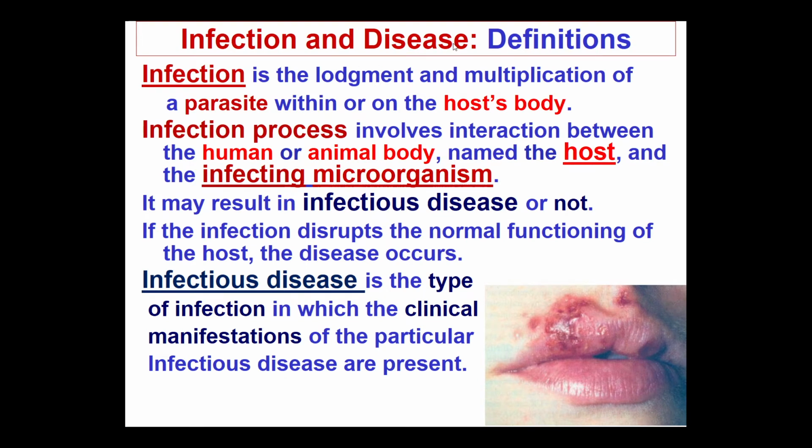Infection and disease definitions. Infection is a lodgement and multiplication of a parasitic microbe within or on the host's body. The infection process involves interaction between humans and animals on one side, named the host, and the infecting microorganisms on the other side, named the parasites.